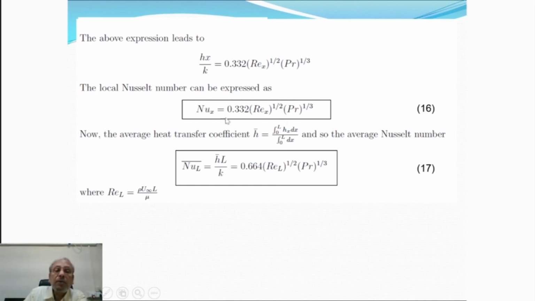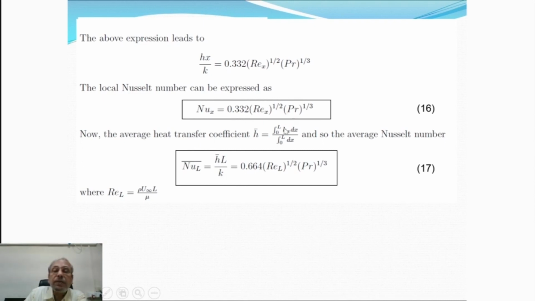Now, in order to evaluate the average Nusselt number, we basically average the heat transfer coefficient, which is given by integration of hx dx from 0 to L divided by L, the length, and from there we can write Nusselt number average, which is given by h average into L by k.